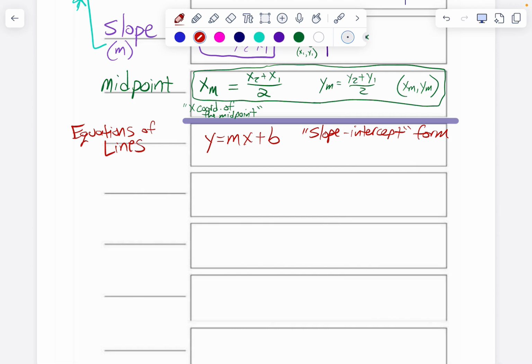And the name tells you what it tells you, meaning it tells you the slope and it tells you the y-intercept right away. So in terms of labeling, m equals slope, and b is the y-intercept. What is a y-intercept?